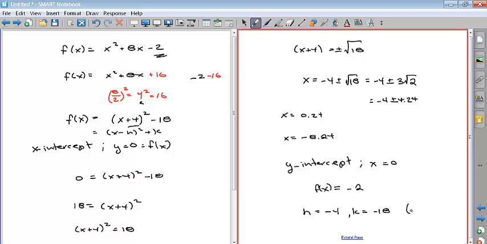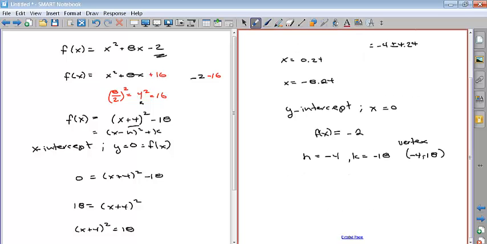So the coordinate pair is negative 4, comma negative 18. So that's the coordinates of the vertex. And the x-coordinate of the vertex is also the axis of symmetry. So the axis of symmetry is x equals negative 4.